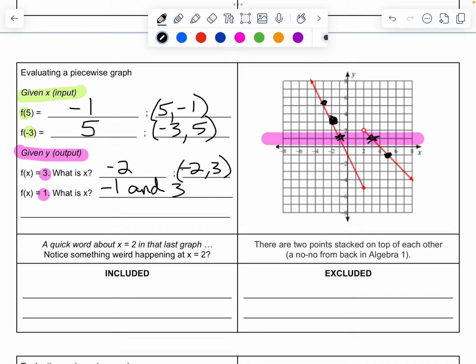Those are my two stars, negative 1 and 3. So again, on this piecewise function, which by the way has 2 pieces, it looks like I have 2 y values of 1. Negative 1 comma 1 is definitely a point, and I also have the point 3 comma 1.